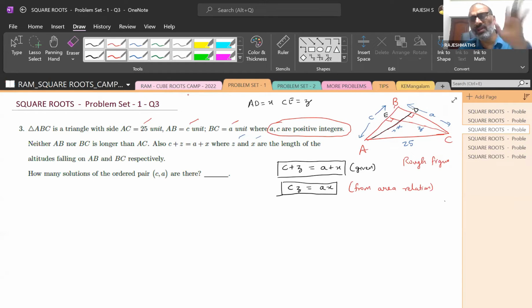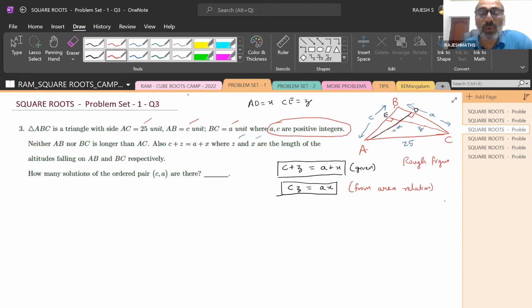Products being equal is always there. The sums being equal is special for this triangle. Remember that. It is not always true, it is given. But this one is always there for any triangle. Half into side into altitude is the area, so side into altitude will be equal for all three sides with their respective altitudes. So cZ is equal to aX always, as I have told you from the area property.